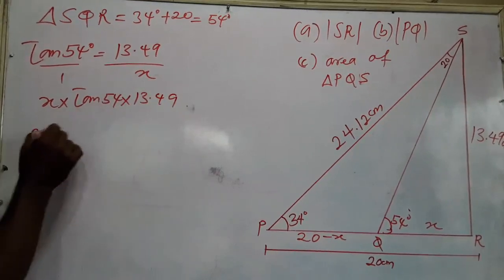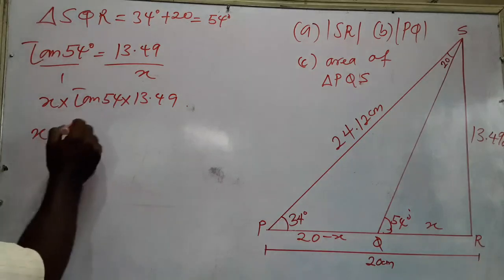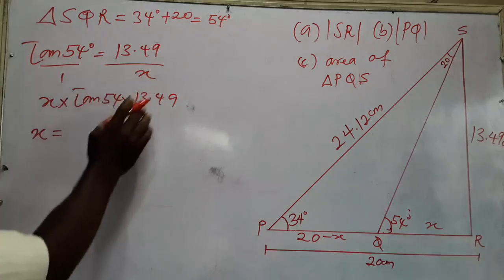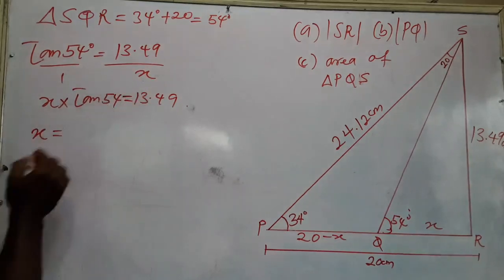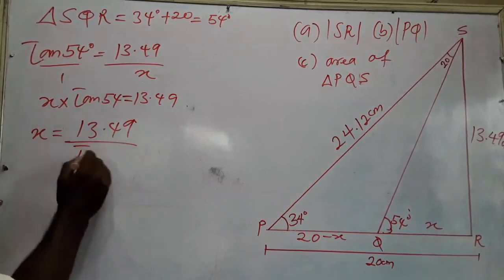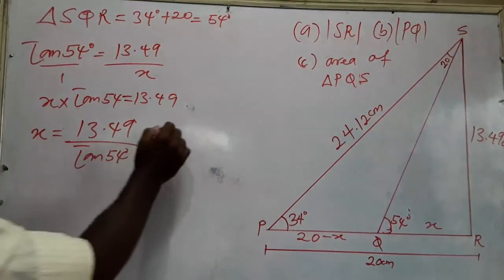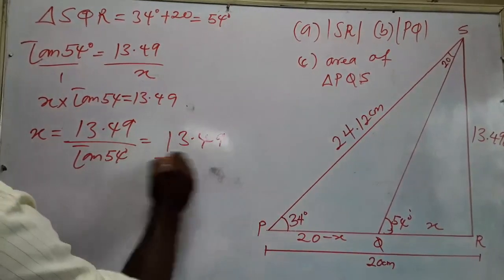So the value of our X will be 13.49 over tan 54 degrees.